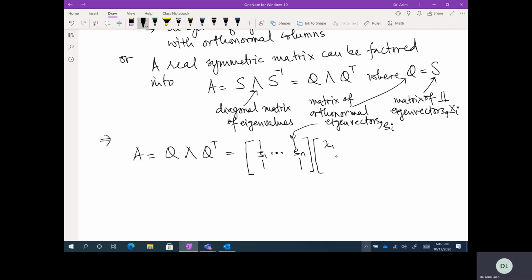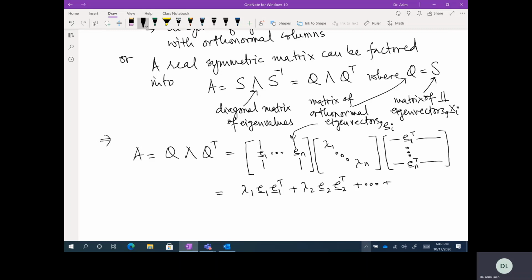This is lambda 1 up to lambda n, and then I have E1 Hermitian or E1 transpose, up to En transpose. When I multiply this out, this will become lambda 1 E1 into E1 transpose plus lambda 2 into E2 transpose plus lambda n into En transpose.